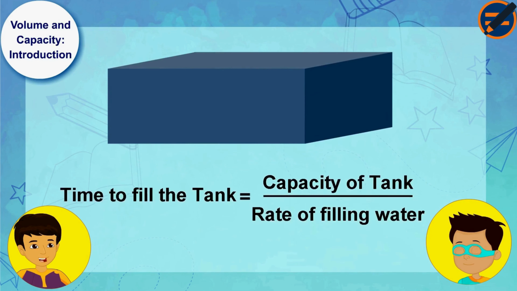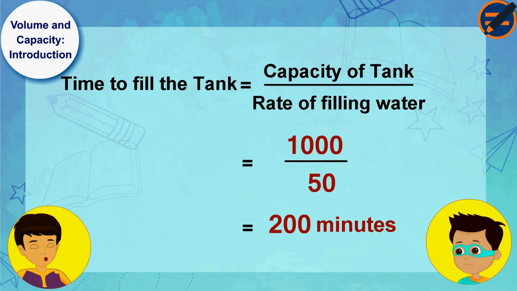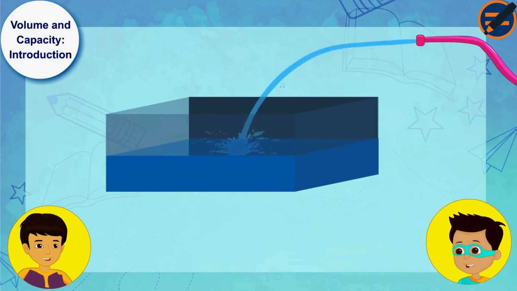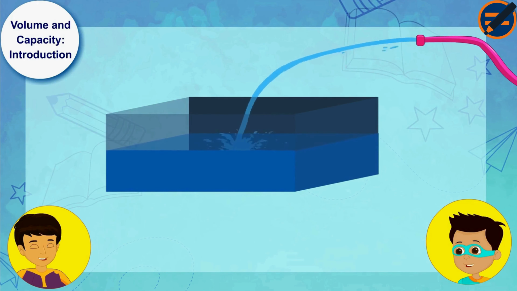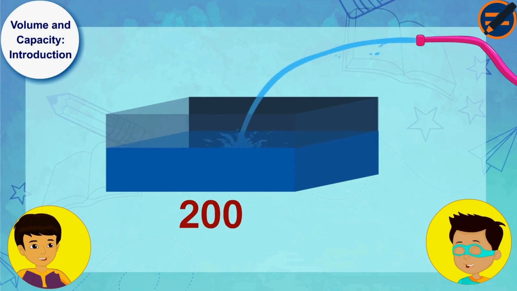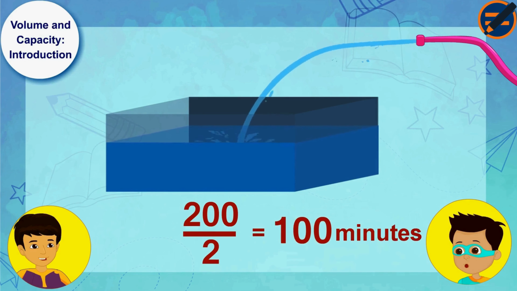This means that the pipe will take 1000 divided by 50, or 200 minutes, to fill the tank completely. And Manas, the tank is half full. This means that the pipe will take half of 200, or 100 minutes, to fill it.